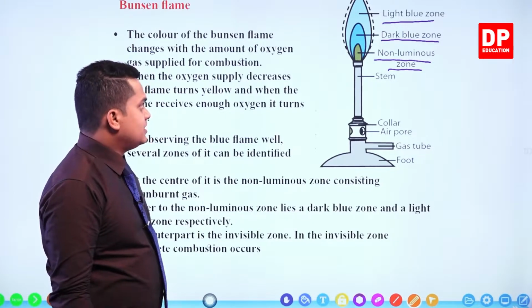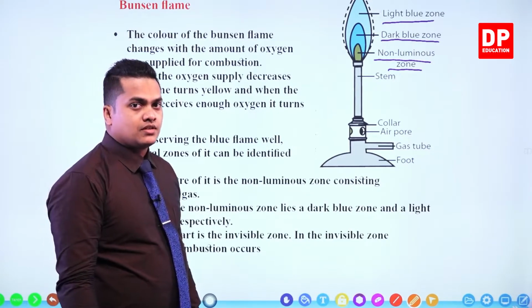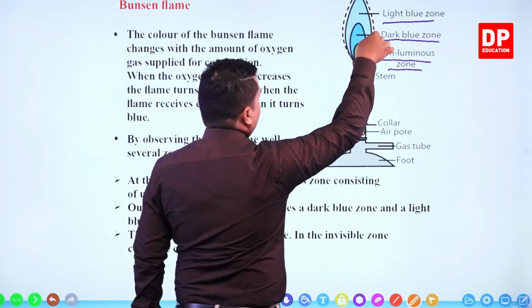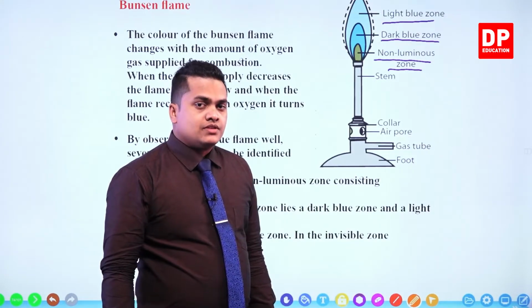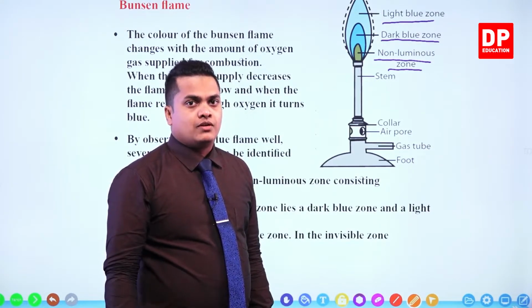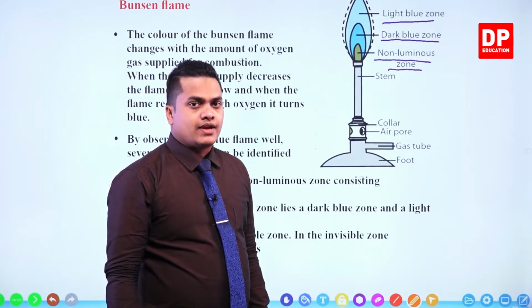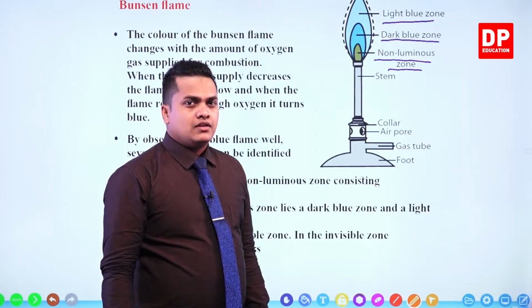In the invisible zone, complete combustion occurs. Like in the candle flame, at the outer region, there is the invisible zone. At the invisible zone, you can observe the complete combustion of the gas particles, right? So these are the areas that we can observe in a Bunsen flame.